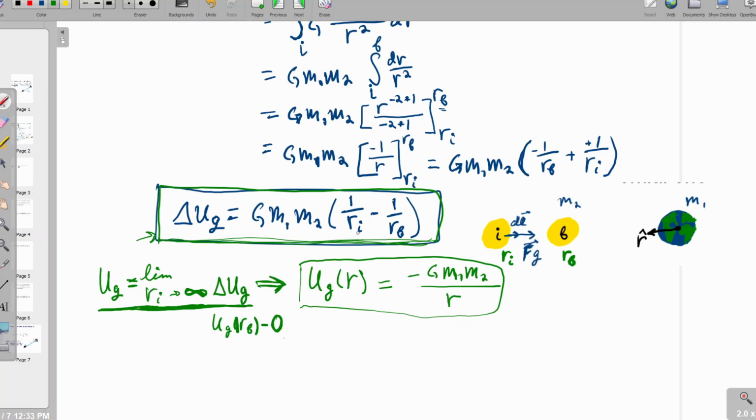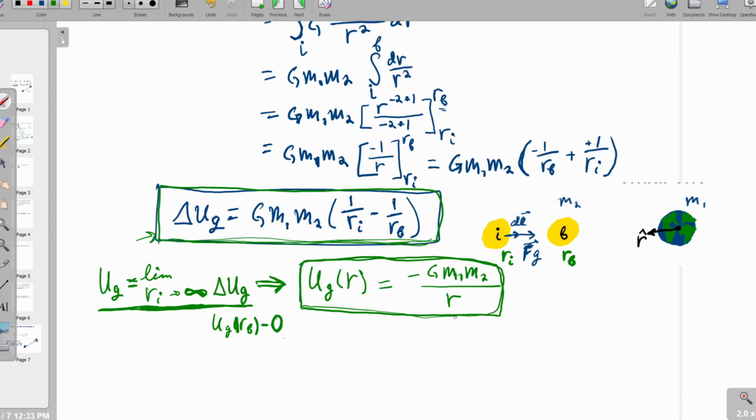Because when you take this limit where r initial goes to infinity, that term ends up being 0. So normally you just see it written like this, where the gravitational potential energy a distance r from the center of mass of a planet is given by minus G m1 m2 over r.